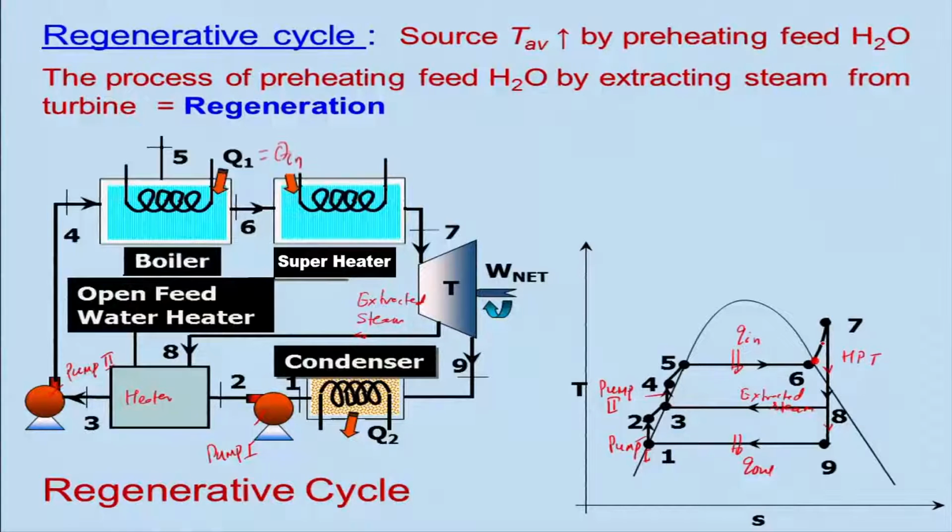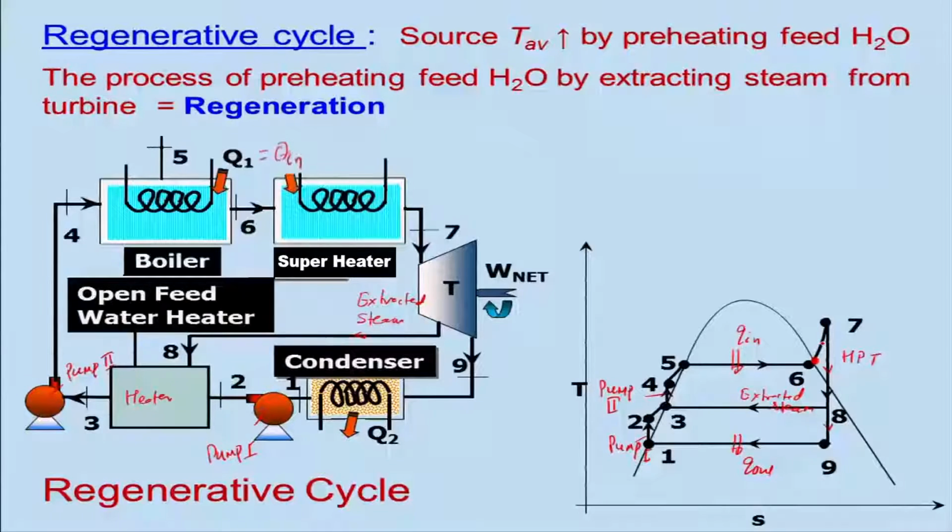But if you look, the open feed water heater is being used, and so also the closed feed water heater. What is the difference? Is there any difference between the open feed water heater and the closed feed water heater?